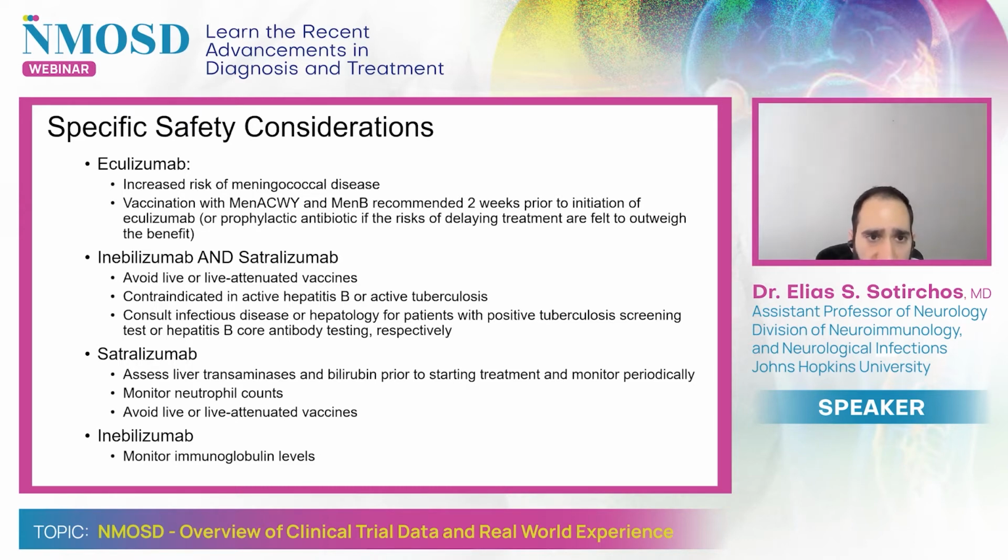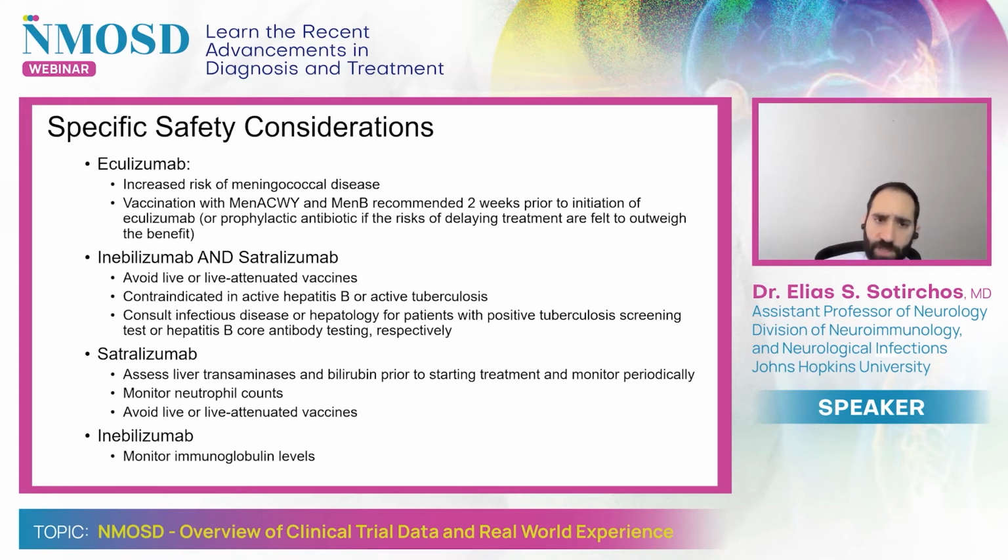And patients should be vaccinated for meningococcus. Here in the United States, the recommendations are to administer both the ACWY quadrivalent serotype vaccine, as well as vaccinate for meningococcus B at least 2 weeks prior to initiation of eculizumab, and/or potentially use prophylactic antibiotics if the risks of delaying treatment are felt to outweigh the benefit.